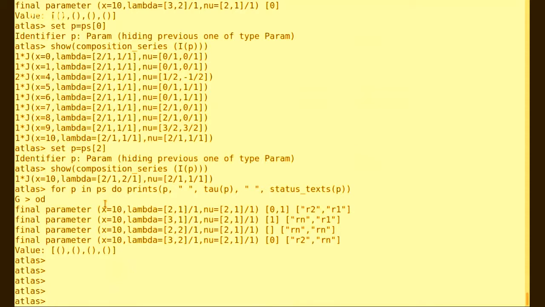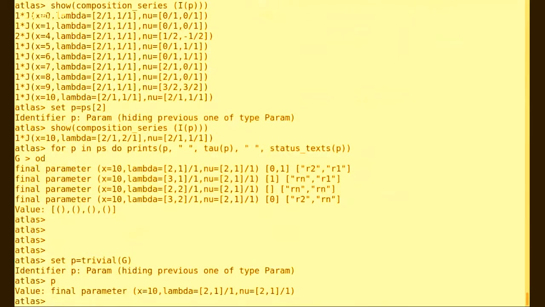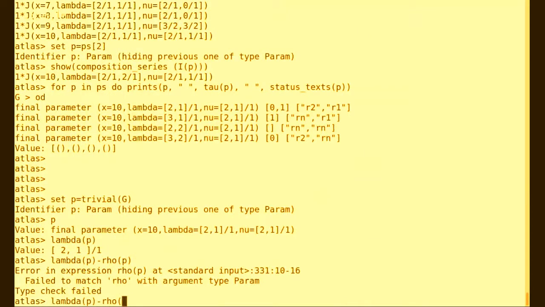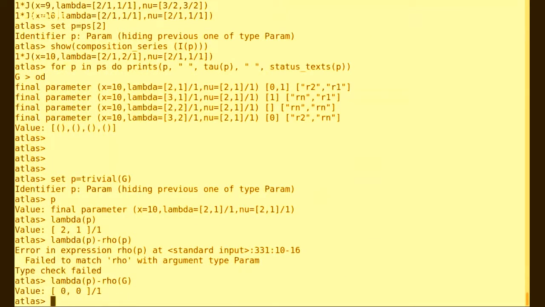So let's set P to be the trivial of G. And lambda of P is 2, 1, and it's absolutely correct that if I take lambda minus rho, rho of G, that the fact that that's 0, so the character on M is given by lambda minus rho.